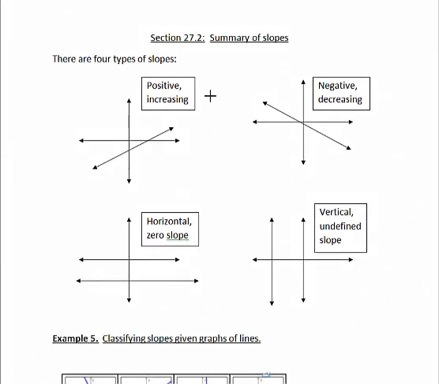Okay, so we've graphed quite a few lines. We've looked at all different types. We've seen some that increase from left to right. So whenever we talk about the slope, we orient ourselves to go from left to right.